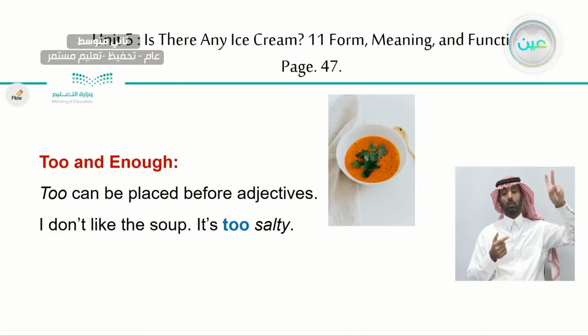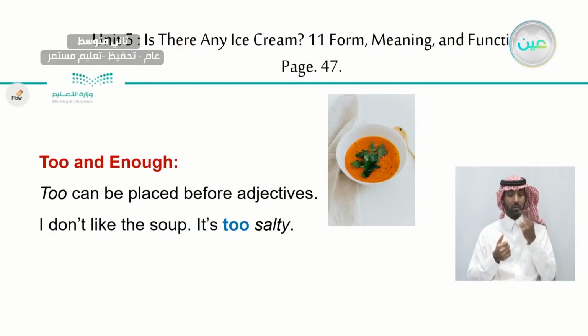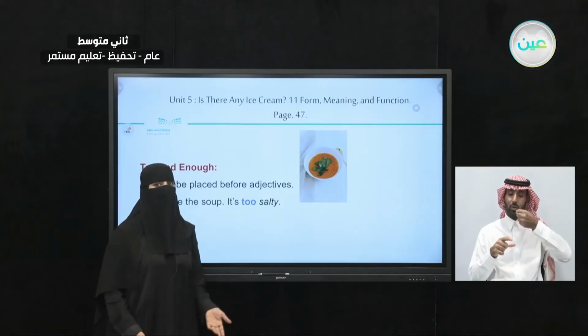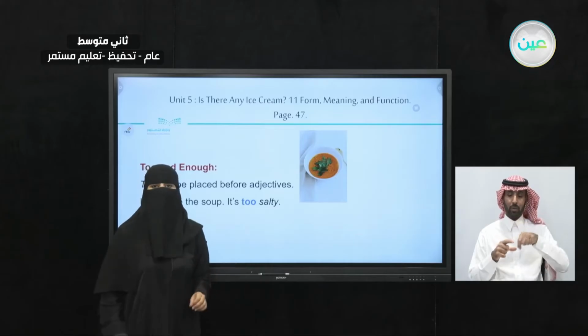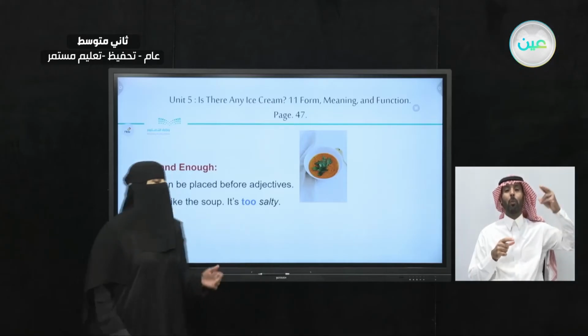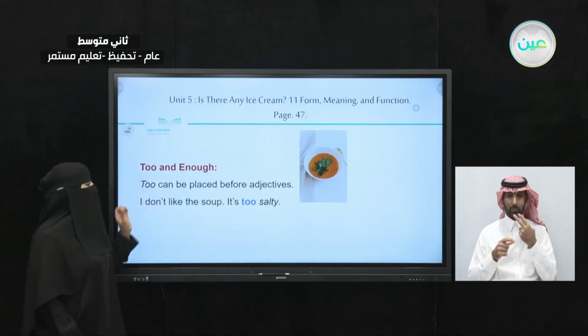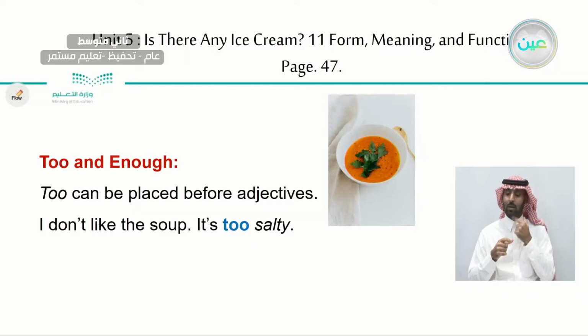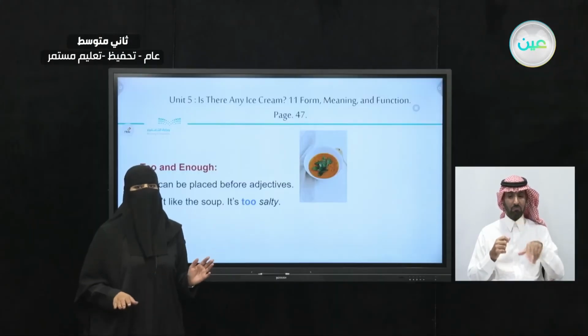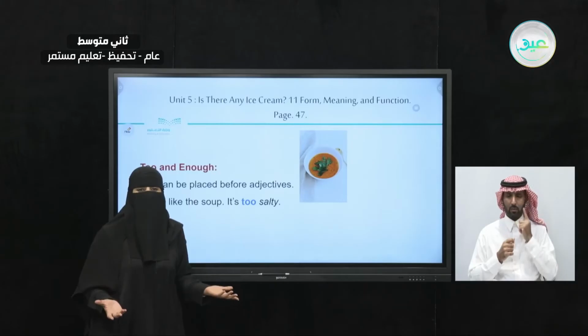Now, let's take a look here. So, what can you see in the picture? So, it's a picture of a dish, right? You can see soup. Now, let's take a look here. So, we can say, I don't like the soup. It's too salty. So, I don't like it. So, what is the reason for that?